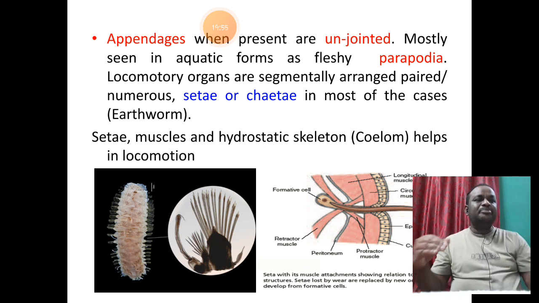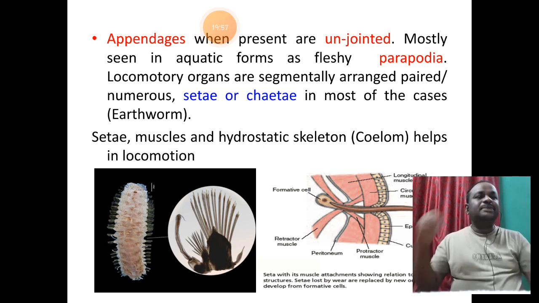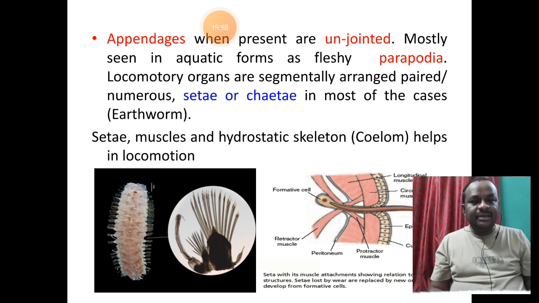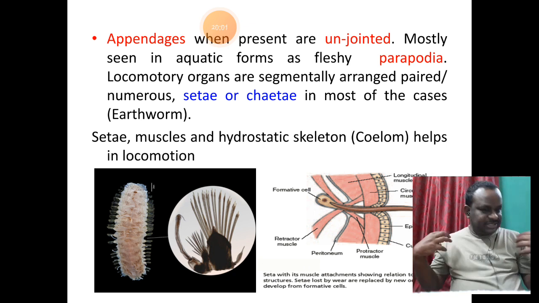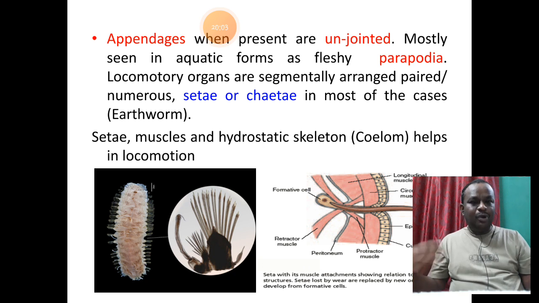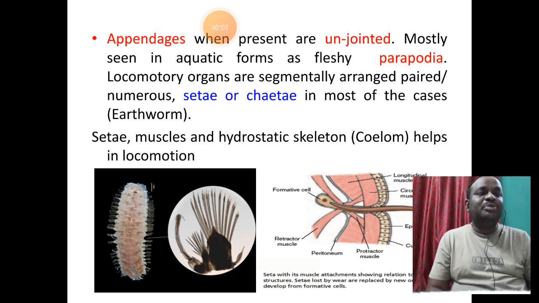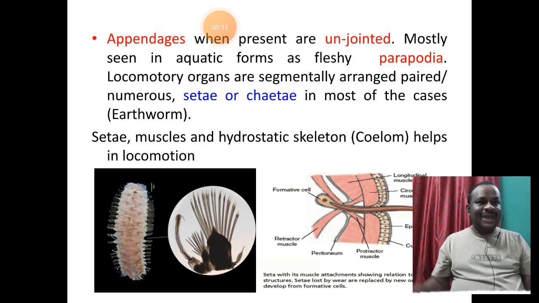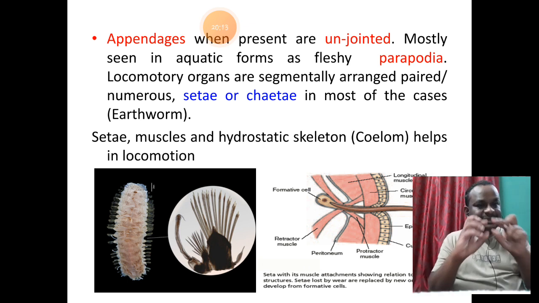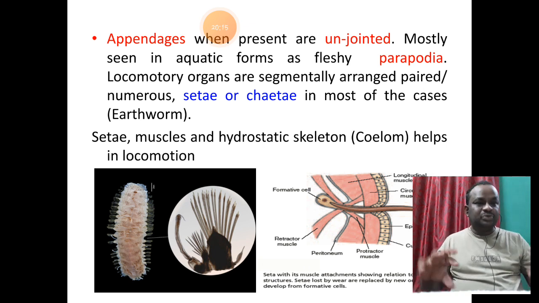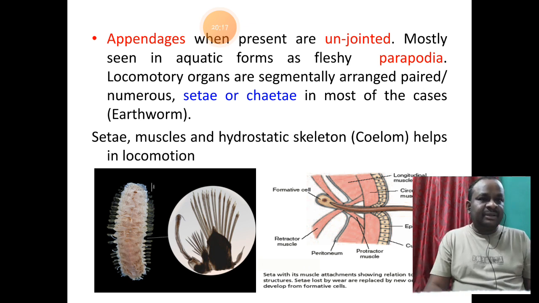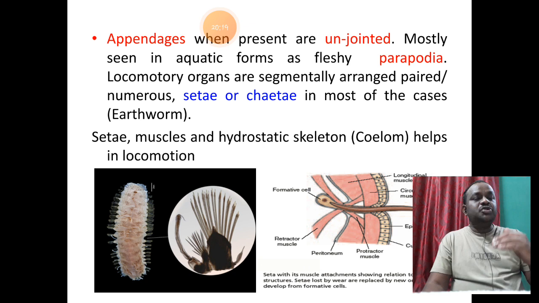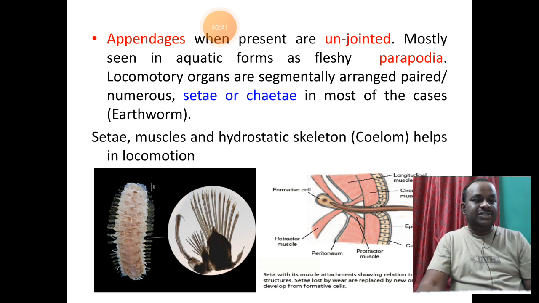Every segment of the body except the first and the last has paired appendages attached towards the lateral side of the body in aquatic organisms. These paired appendages, seen at every segment towards the ventrolateral position, help the animal to propel, so move easily in the water.